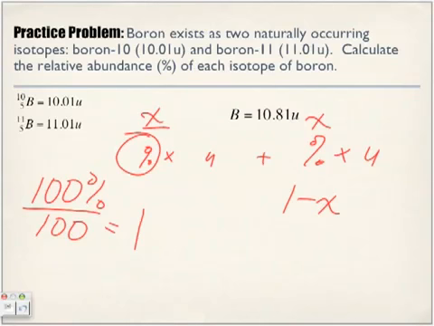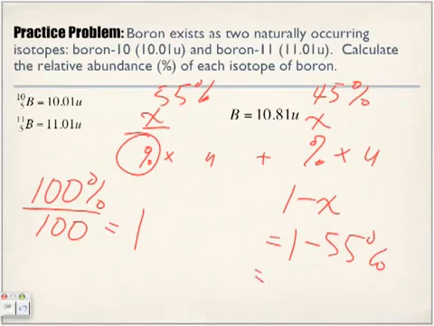Let's say we had 45%, 55%. But we said that this was our x. So 1 minus x, what's the x? We said 55%. Let's change it to that.